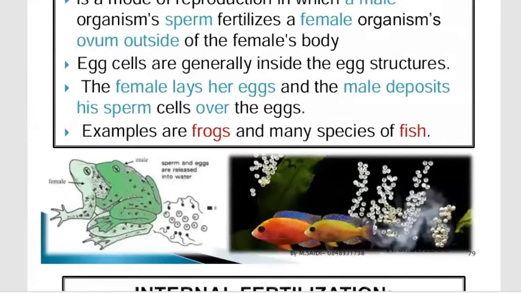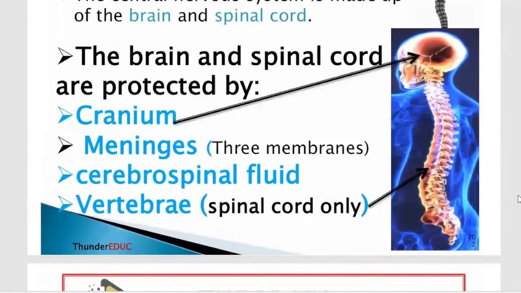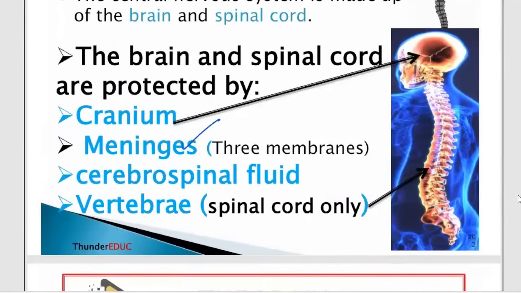I don't want to go to the distinction material book because it will take a lot of time for us. So I'd rather just tell you, guys, go to the distinction material book if you want to know more about the meninges. So it's the meninges, the cranium, and the cerebrospinal fluid.